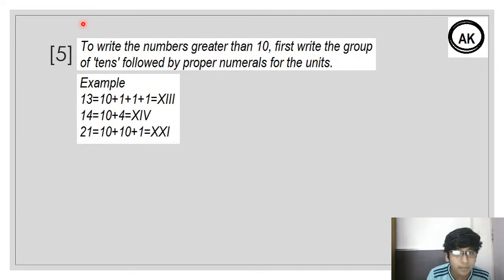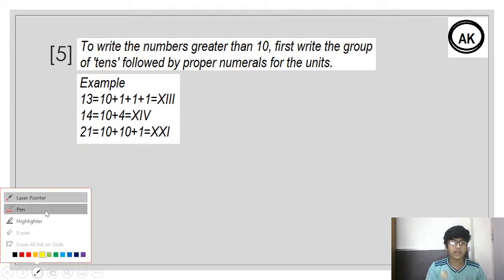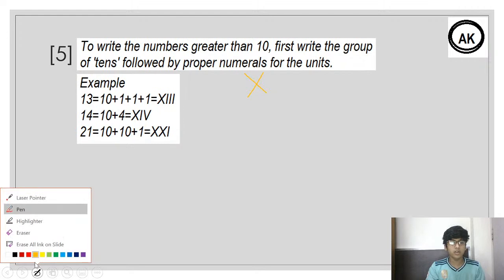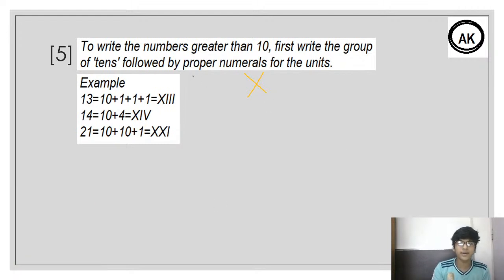First we need to write the group of tens. How do we write the group of tens? The group of tens is written by denoting the value of X. So we need to denote X first, then only can we move ahead. First write the group of tens followed by the proper numerical value.